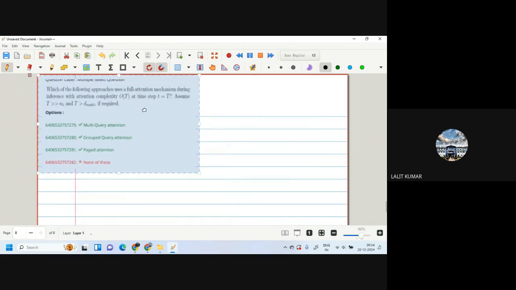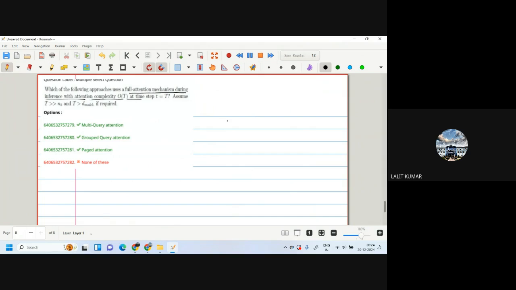Which of the following approaches uses the full attention mechanism during inference with the attention complexity O(T) at the time t is equal to t? We had seen that if we do full attention, then it is O(T squared D).